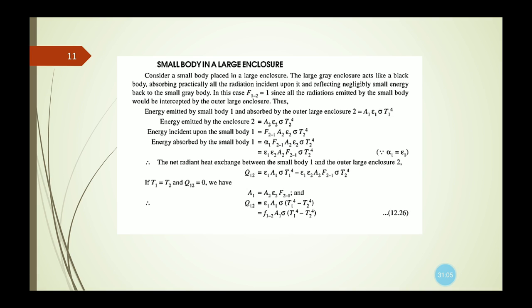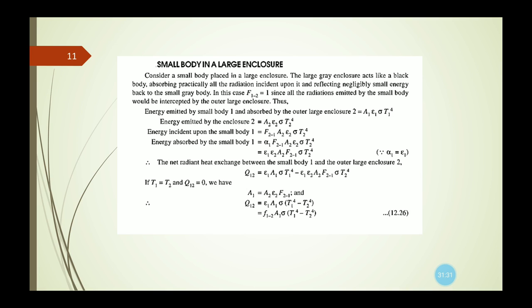Now for a small body in a large enclosure, due to these properties, F12 equals 1. The energy emitted by the small body 1 and absorbed by the large outer enclosure 2 is A1 epsilon 1 sigma T1 to the power 4.